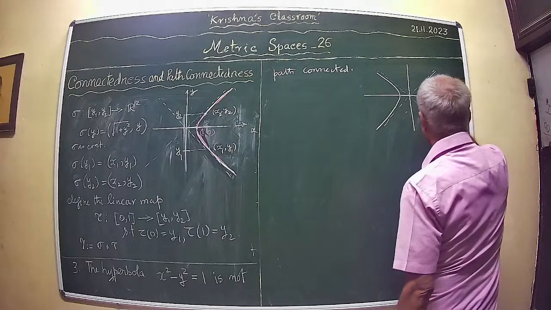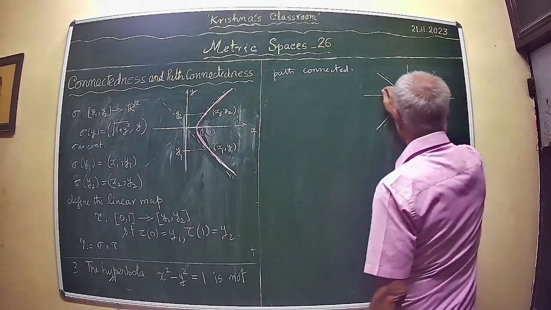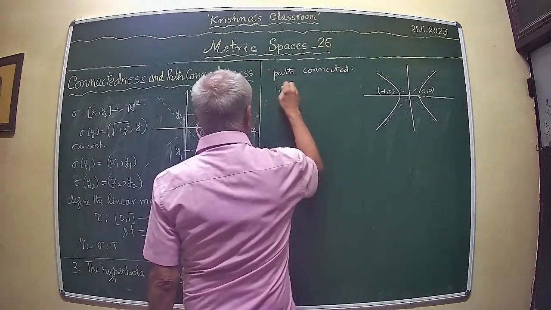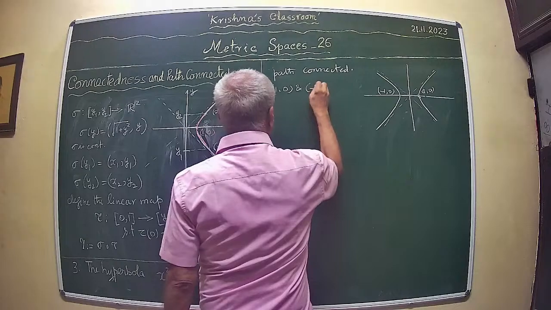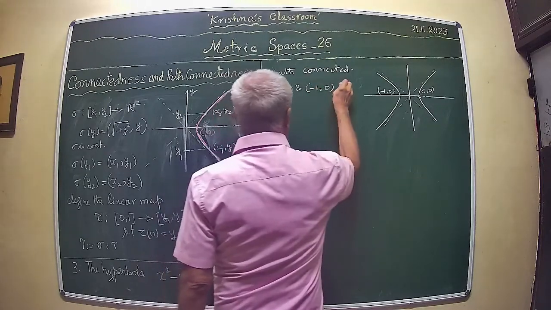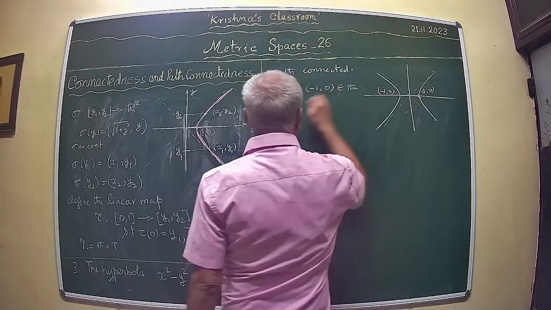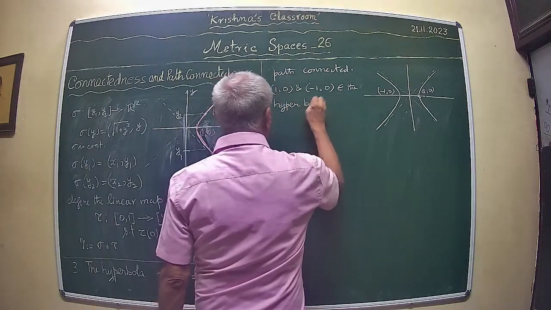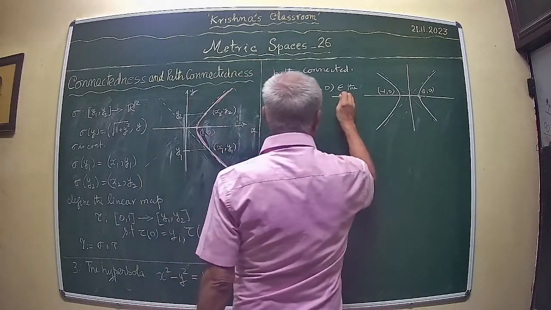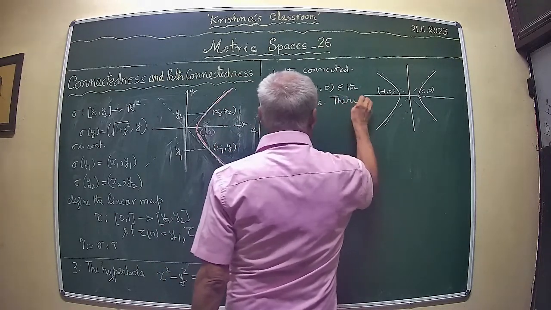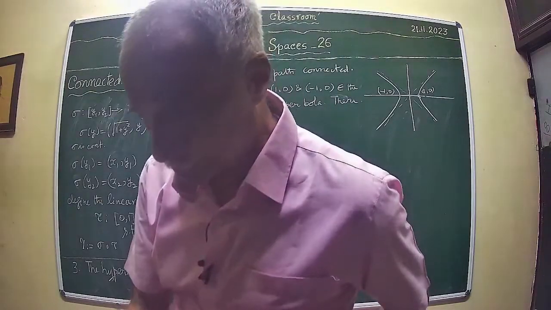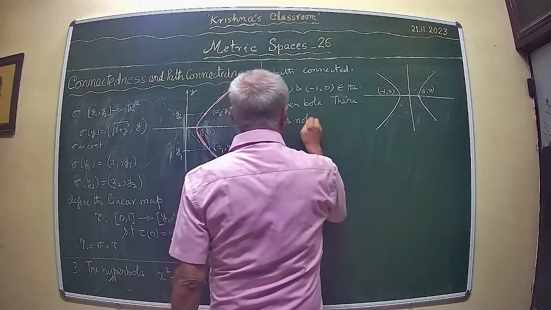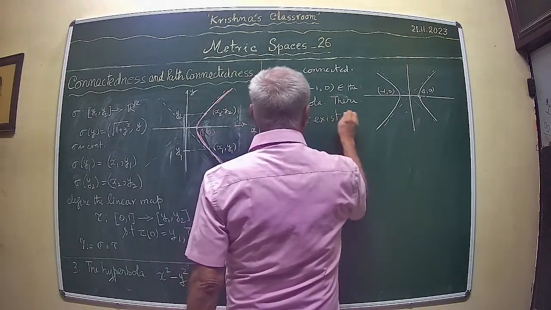And look at the points (1, 0) and (minus 1, 0). There does not exist a path.